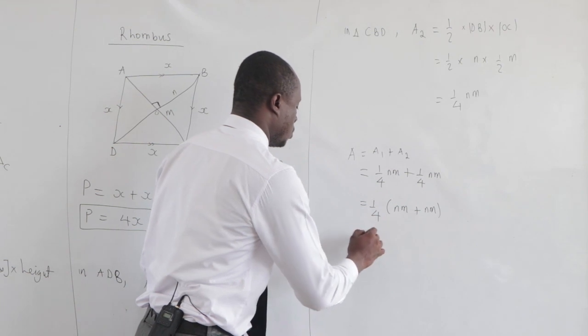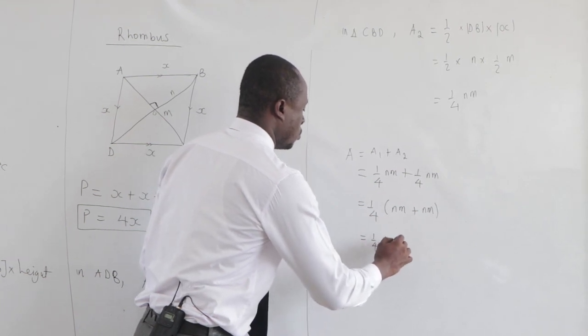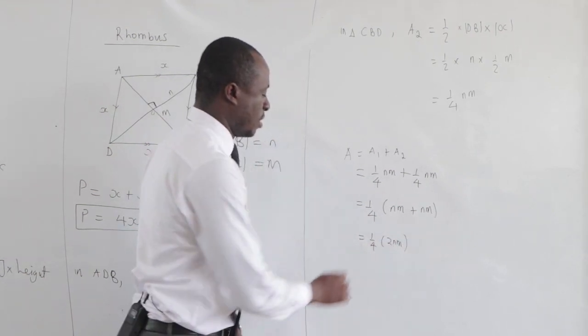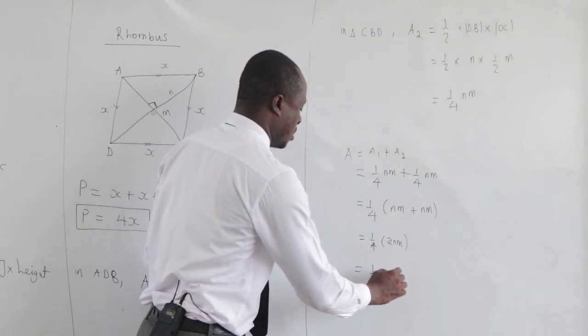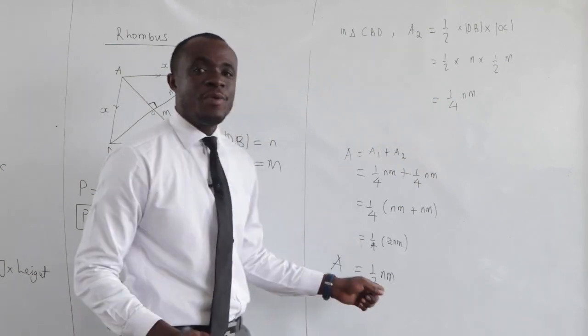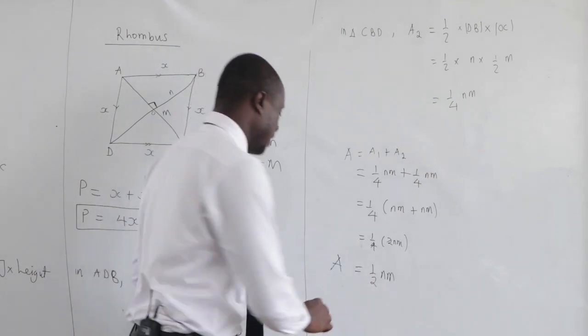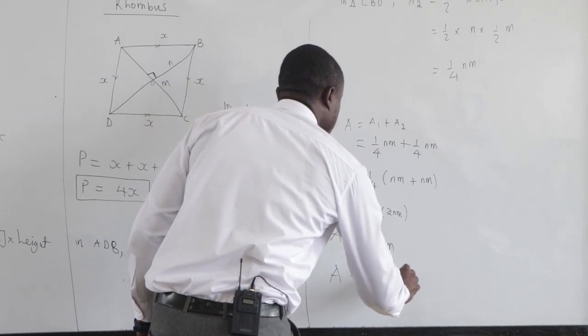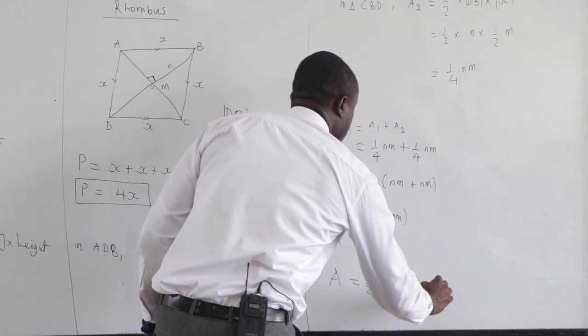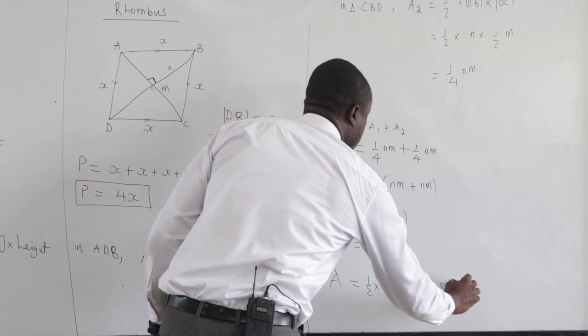So this is equal to 1 over 4 times 2 NM. Clearly these two cancel this two, so we have 1 over 2 NM. So that is the area of a rhombus. Clearly we can say that the area is equal to half product of diagonals.